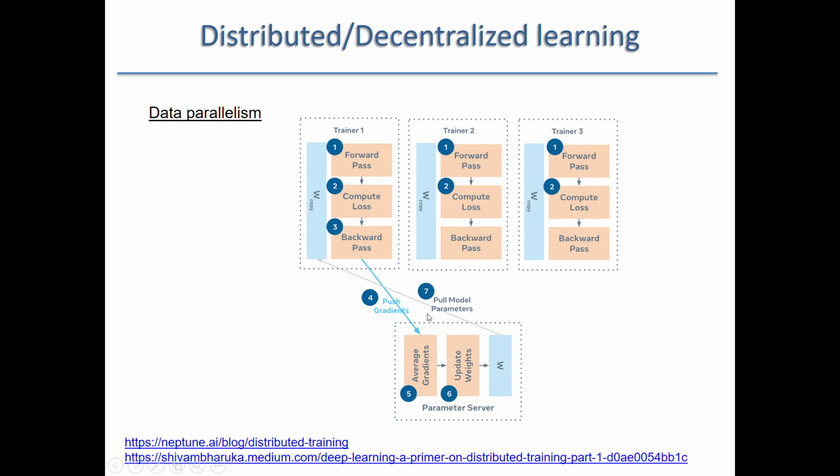And what we are doing here is averaging the gradients coming from all those workers, then updating the weights accordingly. So now we have a new copy of the weights, and we distribute this copy back to all the workers. That is decentralized learning with data parallelism. So we are parallelizing at the level of data.